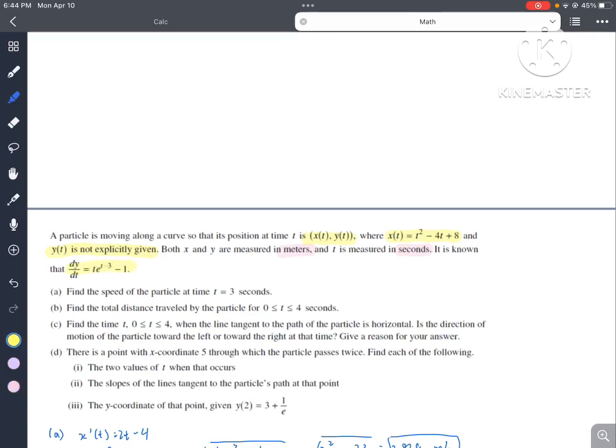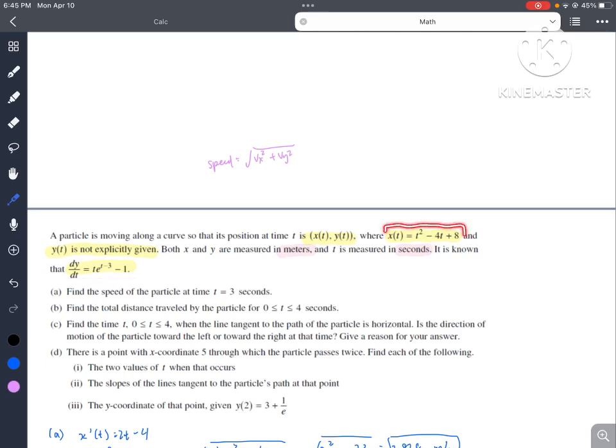And we also have what's dy over dt. First we find the speed, and we know from the last question that speed is just equal to the square root of vx squared plus vy squared. Just think of Pythagoras. And we have velocity of y, that is basically dy over dt.